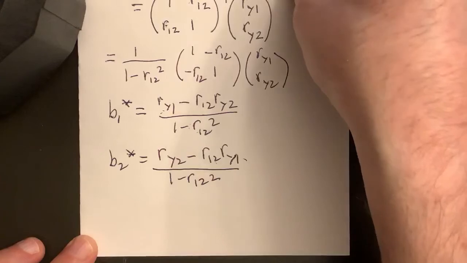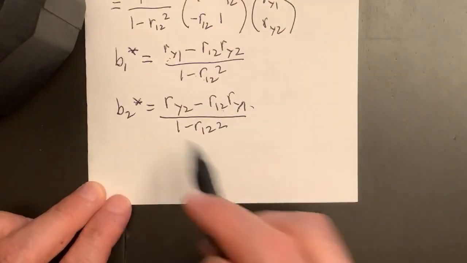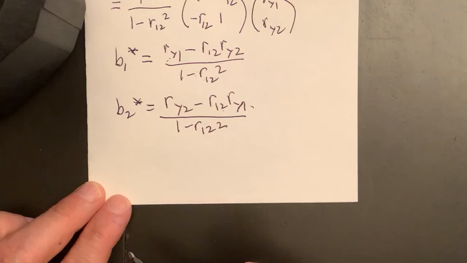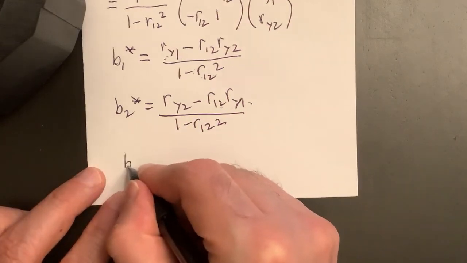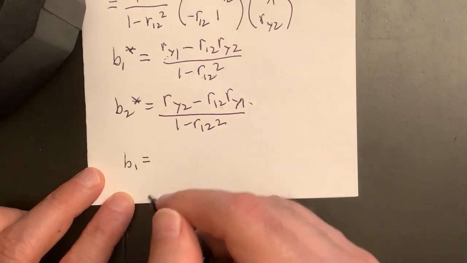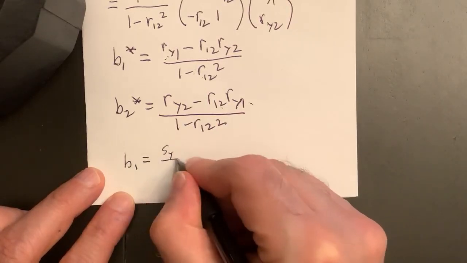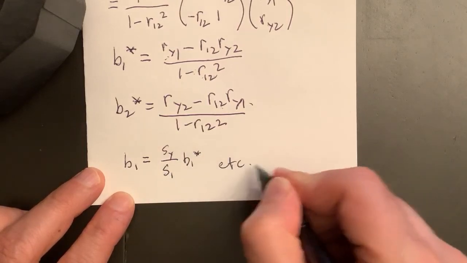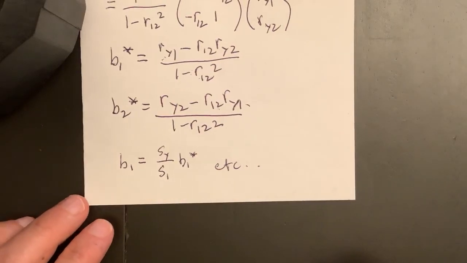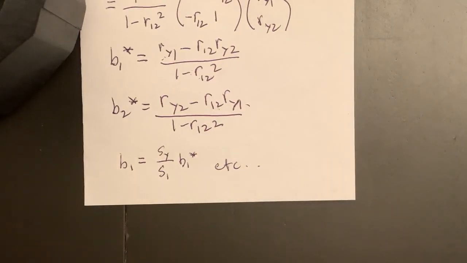Also from this, we could find b1, b2 and b0. From here, you could get b1 by just multiplying by the ratio of the standard deviations, so b1 is equal to s_y over s_1 times b1 star, etc. So the point is, one, you can just work with correlations and find your regression coefficients.